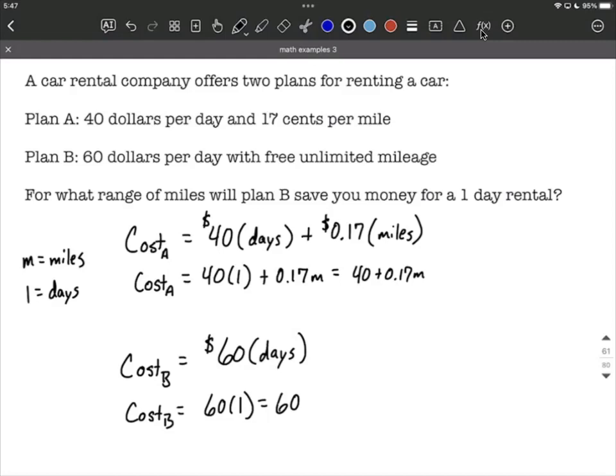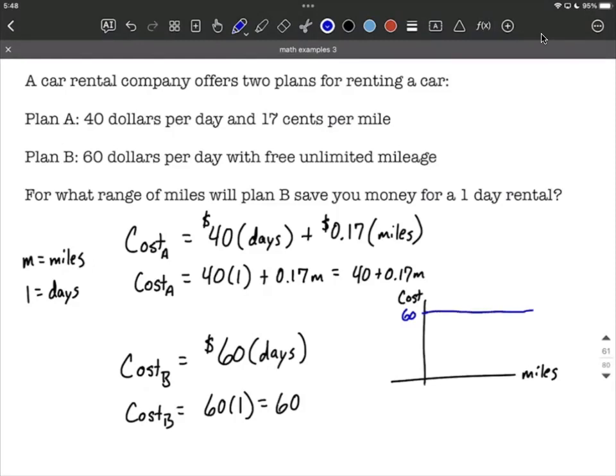So let's think about what's going on as we visualize this on a graph. I think that helps out a lot of times when we're looking at these. This is going to be a function depending on the number of miles, so that's going to go along the x-axis, and then our cost is going to be along the y-axis. Our one plan, Plan B, is going to cost us $60 no matter how many miles we drive.